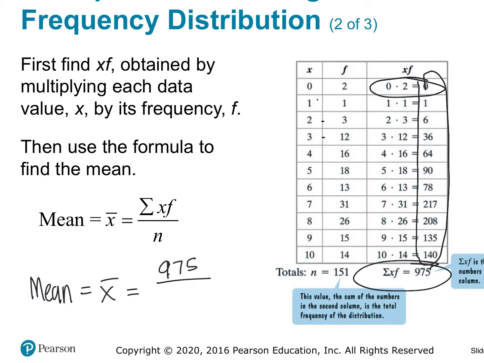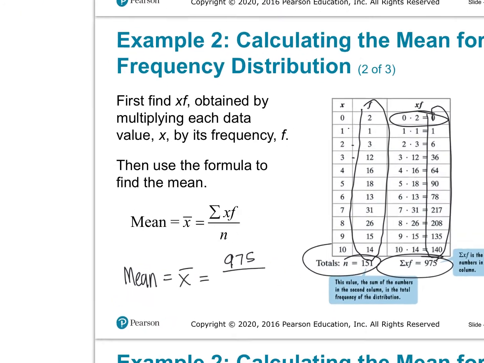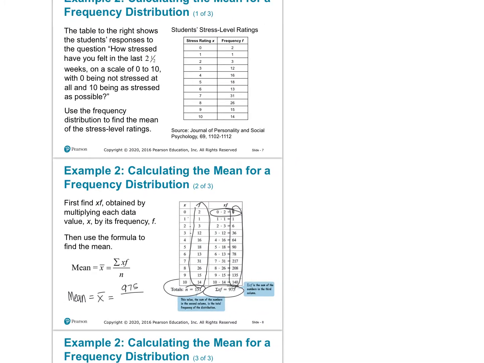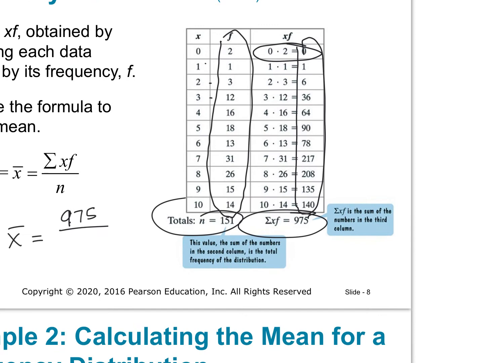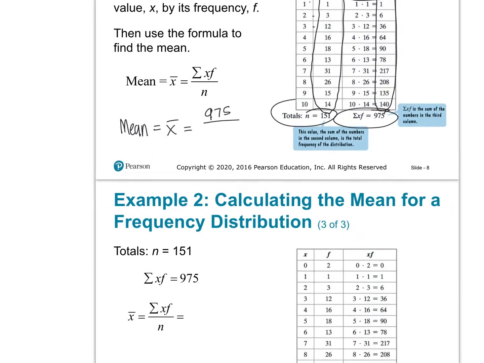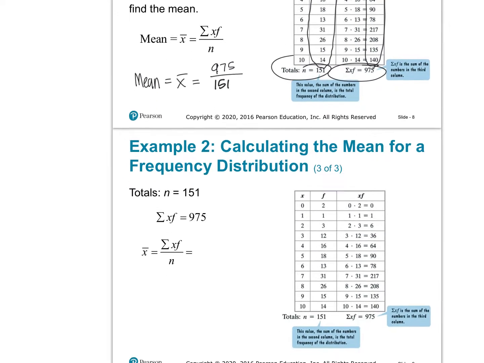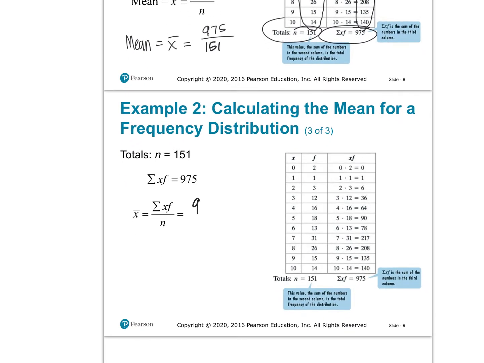And then if we add up our F column, that's our 151, because that will give us how many we had. All right, so we are going to divide by 151. So 975 divided by 151.